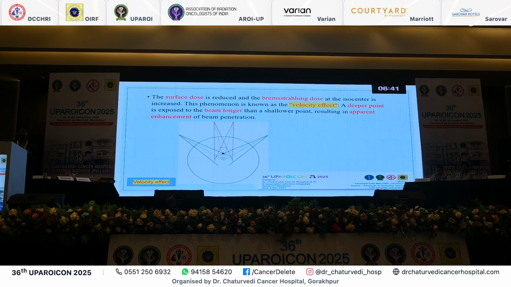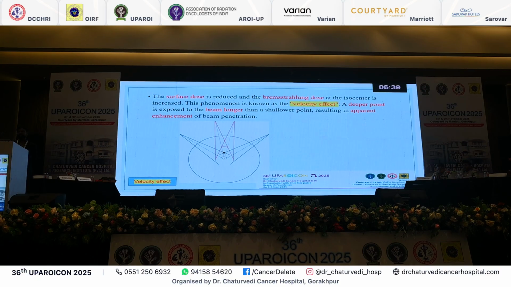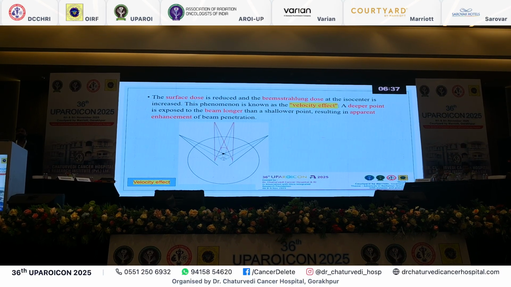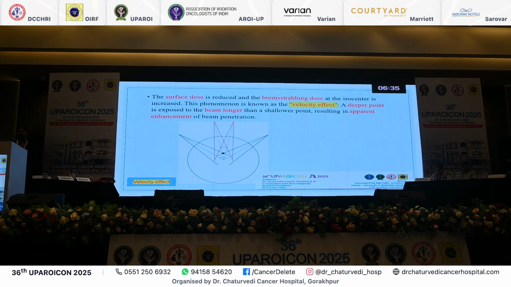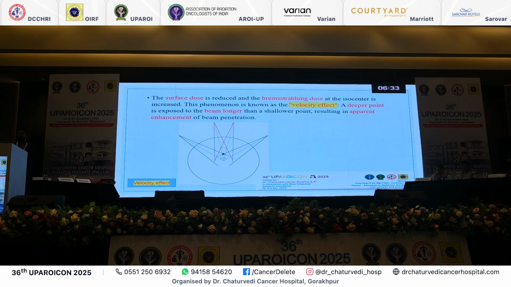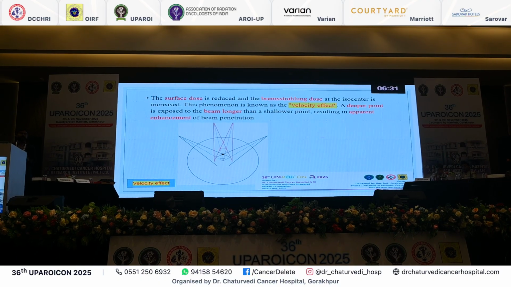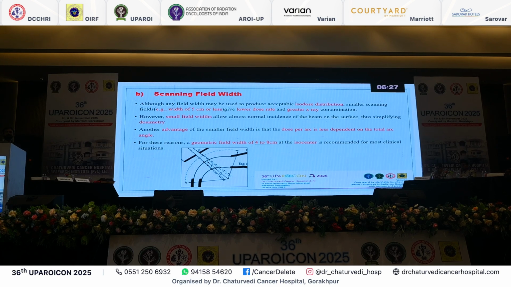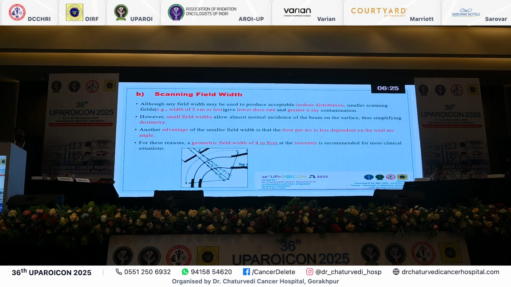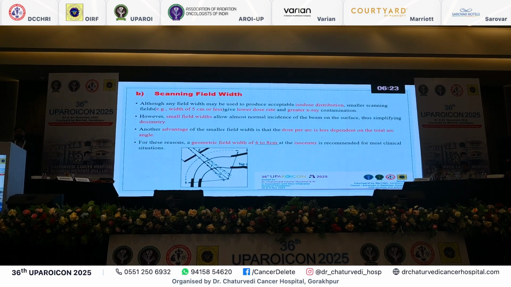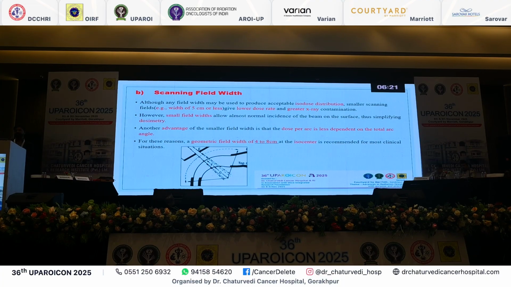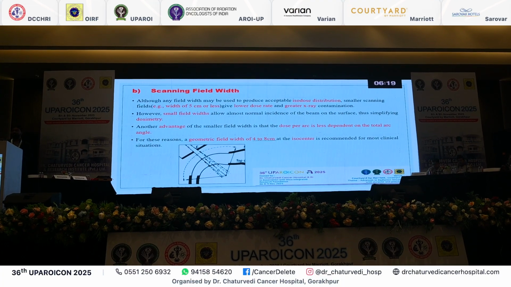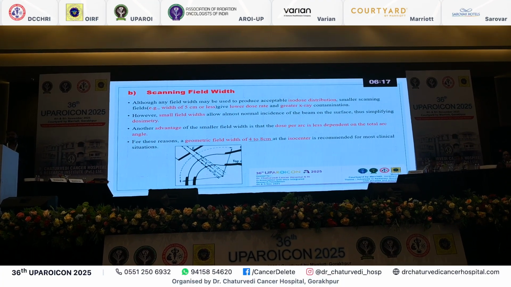This phenomenon is known as the velocity effect. A deeper point is exposed to the beam longer than a shallower point, resulting in apparent enhancement of the beam penetration.